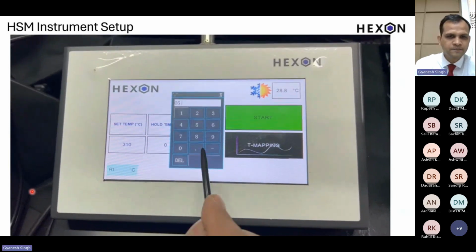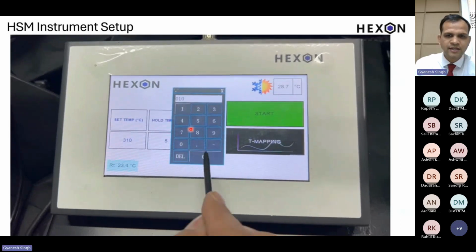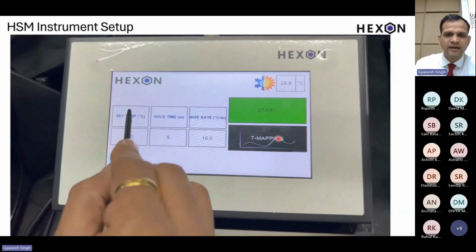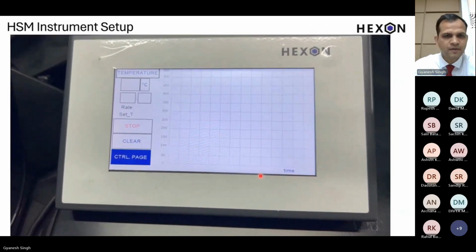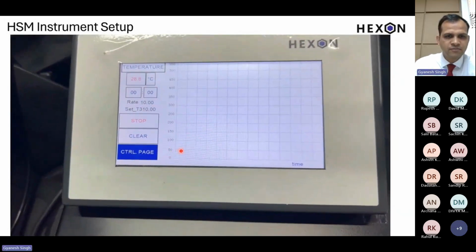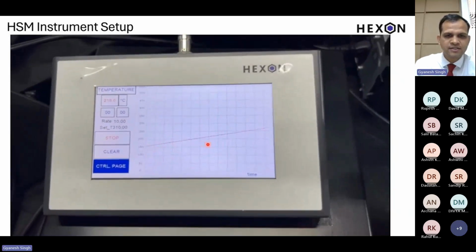Then you put a hold time and then a rise rate. So you can see T mapping over here. Over here you can have multiple maps possible. You can have 10-15 maps. So now you can see that this graph will show you the temperature change. It's just like this.